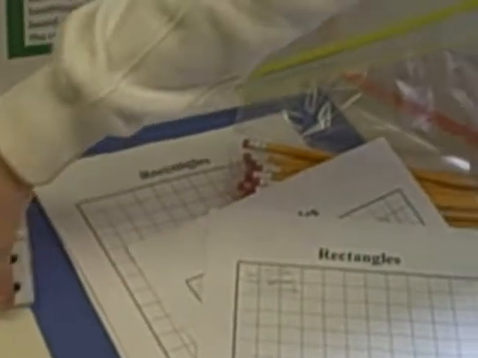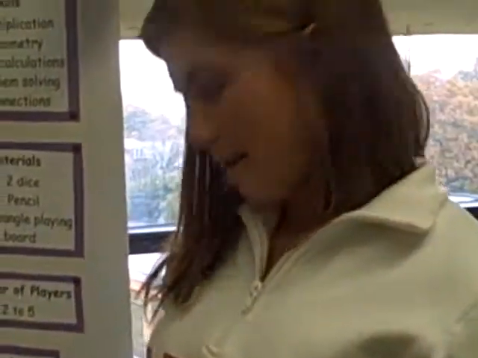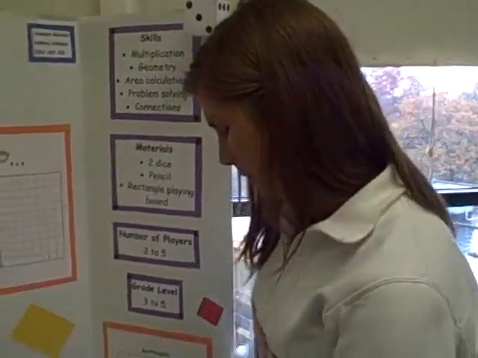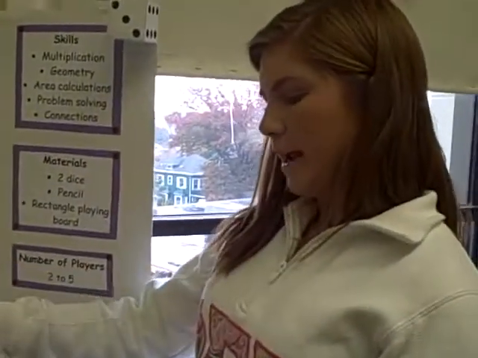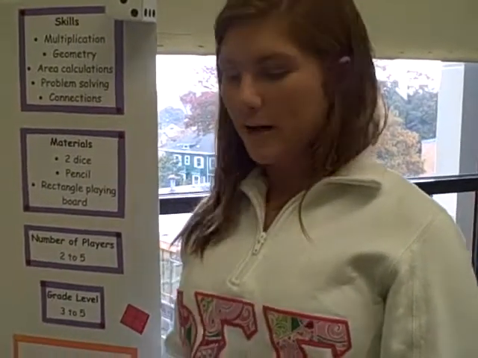So you would color in the entire rectangle, and you would know that that was 6 boxes. Then you would continue until you fill the entire box. And then you would add up all of your points, and the person who has the highest points wins.